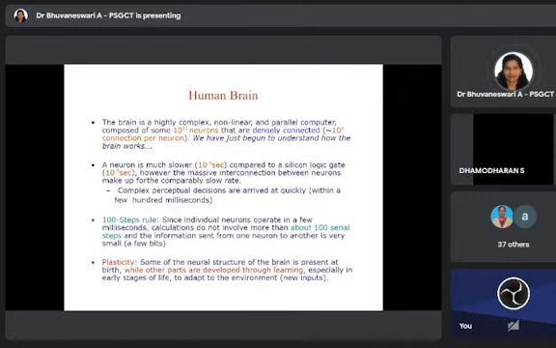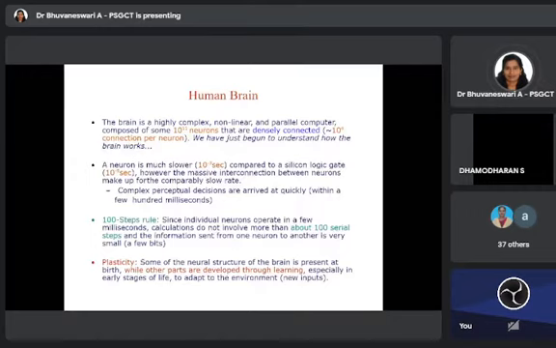But what happens is that after some time, if you are not using a specific set of neurons, the neurons will die. That is another key important feature that you have to be clear about. This is what happens in the brain. All these features are reflected in the technology.